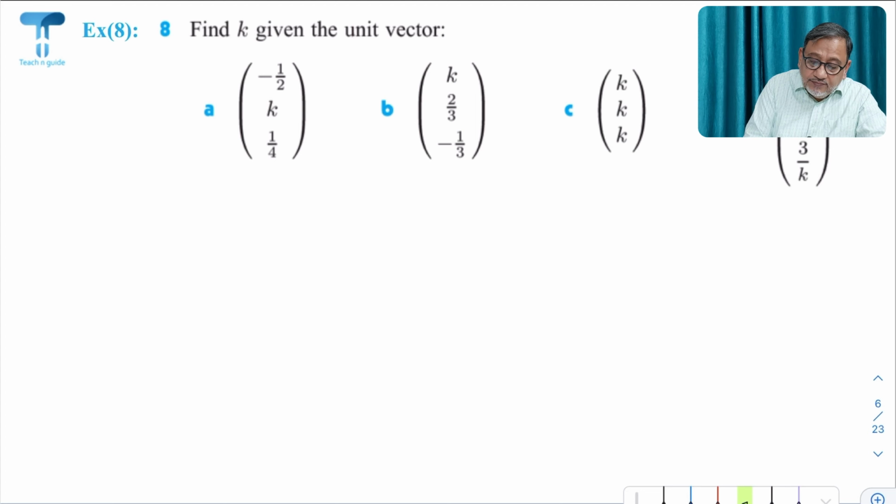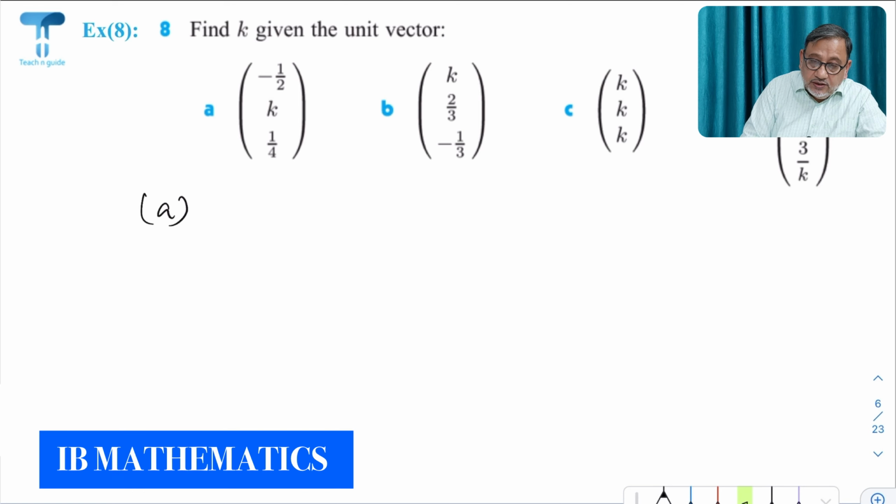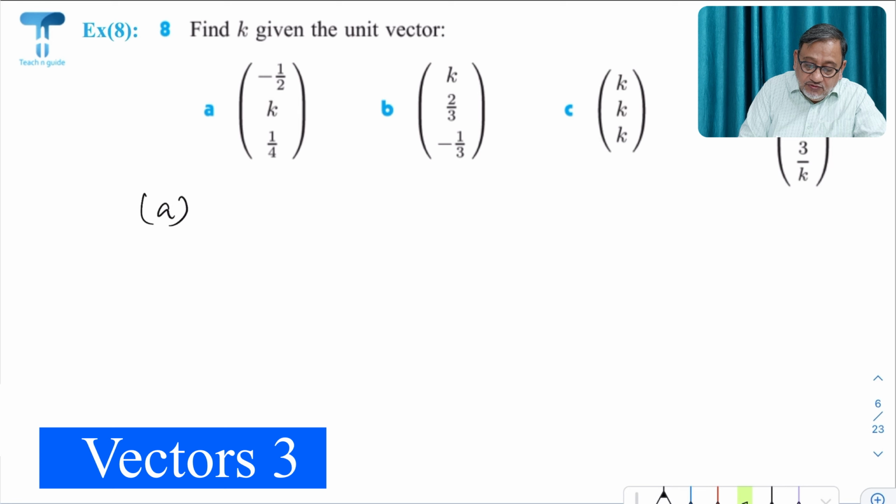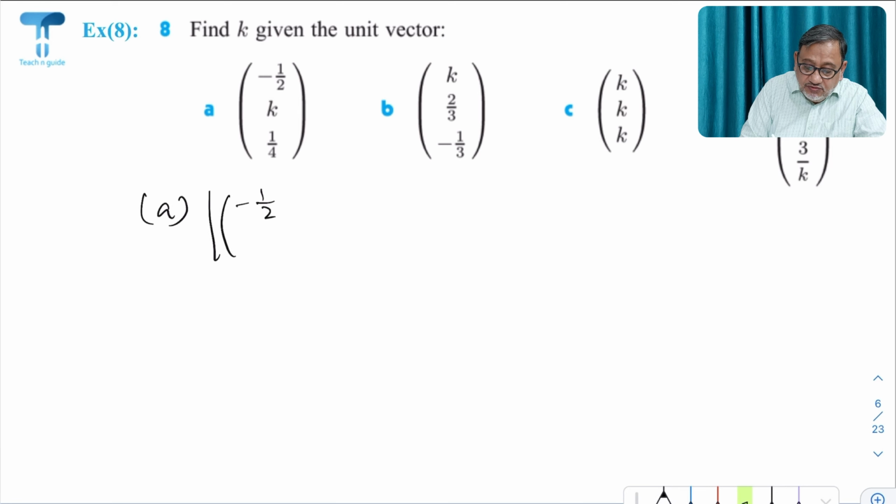A part. I will first write their magnitudes. So magnitude of A, first part: minus 1 by 2, k, 1 by 4.